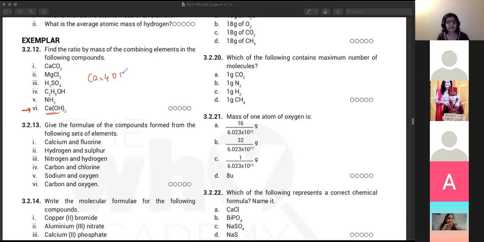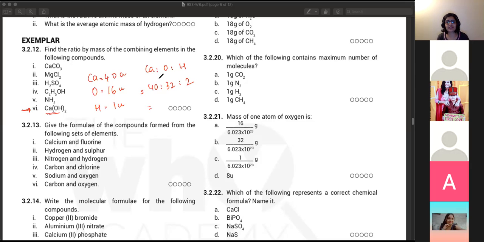Then there is O, oxygen, which is 16, but you have to multiply it by 2, so it will become 32. And then we have hydrogen, which is 1, and since we multiplied by 2, it'll become 2.